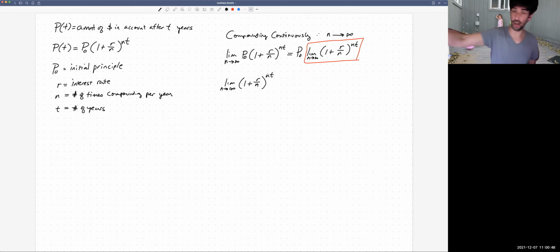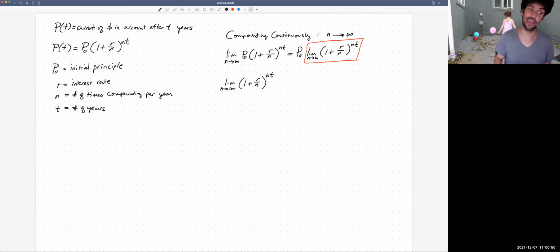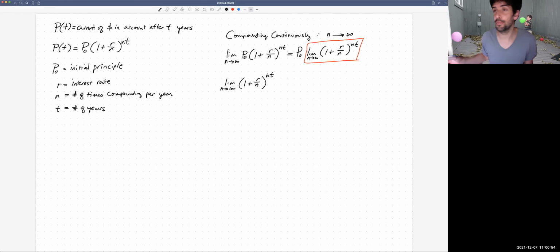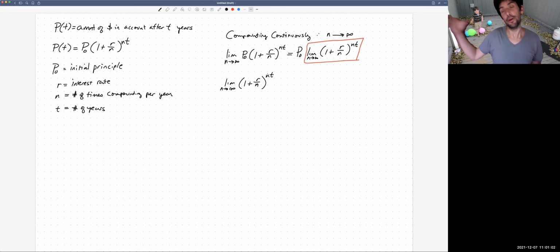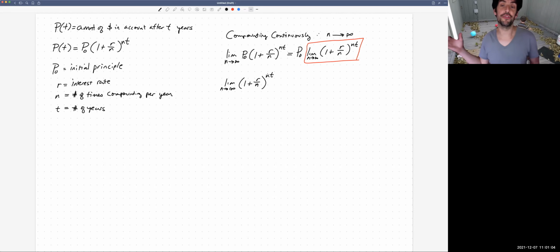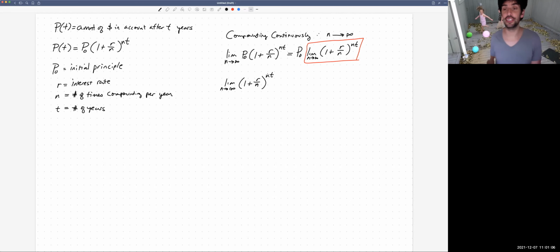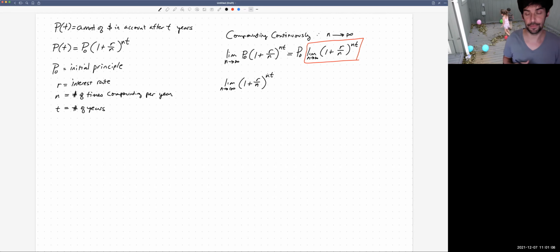So we're thinking of r as a constant and t as a constant, right? T is the number of years. So what we're going to end up with is something that tells us if we compounded an infinite number of times per year, how much we'll get after t years, what our interest would be, okay?